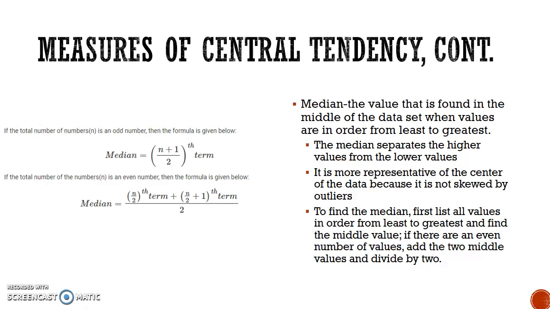If you have an odd number of values, you find the middle term, and you can use this formula here, n plus 1, divided by 2, and that will give you the median of your data. If you have an even number of values, you could use this formula as well.